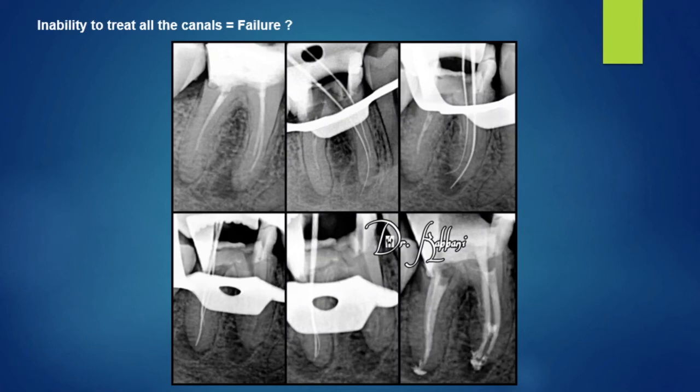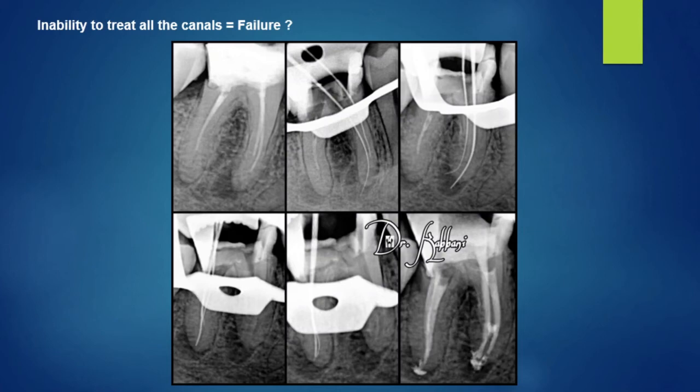All right, so this is a retreatment case that was referred to me. The patient already knew that she has a lesion. She had asymptomatic apical periodontitis. She knew that she has a lesion and she was worried to have a big problem in the future. So she decided to retreat the tooth and save it.